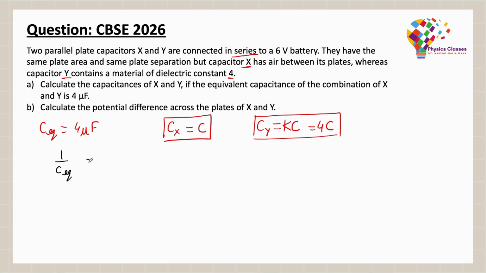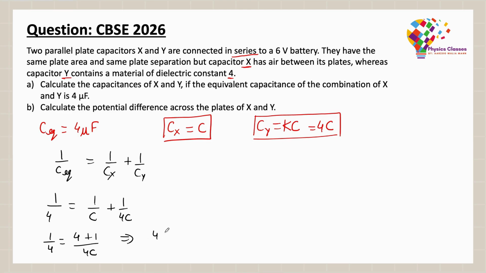So 1 by C equivalent is equal to 1 by Cx plus 1 by Cy. Let's quickly substitute. I have 1 by 4 microfarads equal to 1 by C plus 1 by 4C. If you quickly simplify, this can be written as 4 plus 1 by 4C.